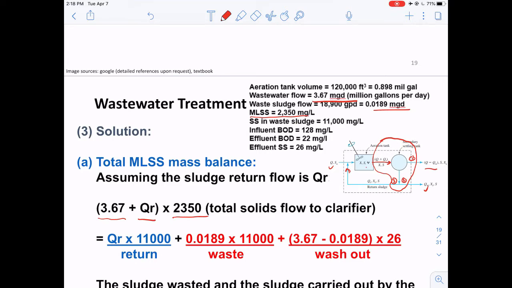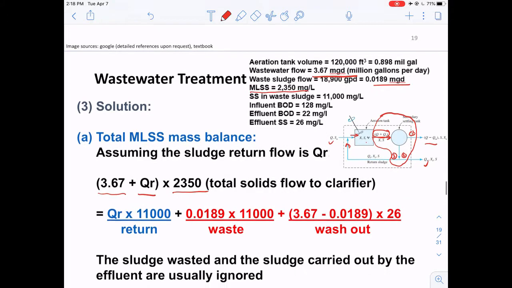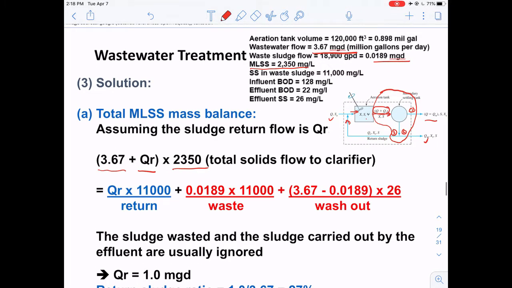After the mix, they form a mixed flow that's introduced into this aeration tank, right? So we should use this combined flow rate, multiply it by the MLSS to calculate the total mass of these suspended solids. We have to consider these three different routes.